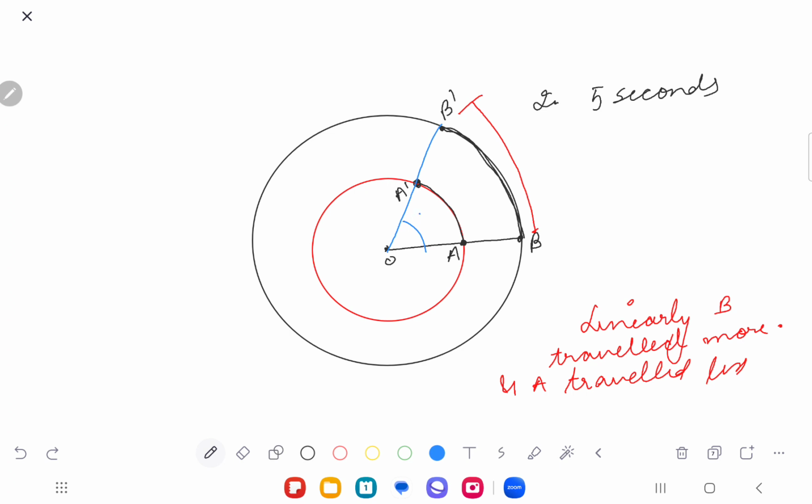Both of them traveled 60 degrees in 5 seconds. Because if I take the starting position of A and the ending position of A and join them at the center, what angle do they make at the center? Let's suppose they make a 60-degree angle. Correct.